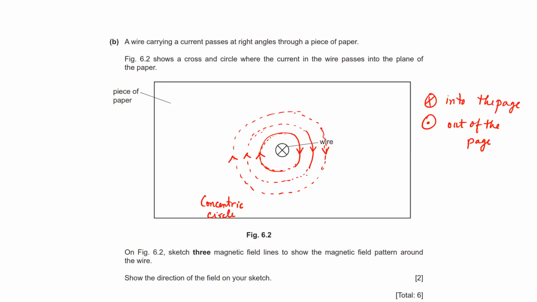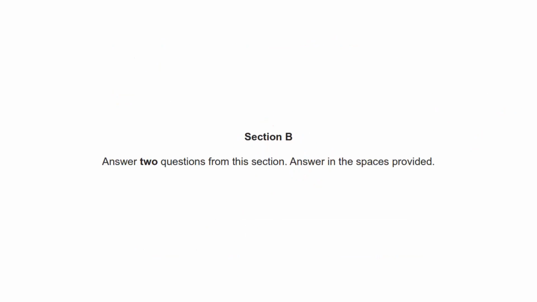Okay, so make 3 concentric circles equally spaced. And the 2 points will be one for the concentric equally spaced circles and the other for the directions. So make sure you draw it correctly. Okay, so that's question number 6, and this concludes our section A for this paper.